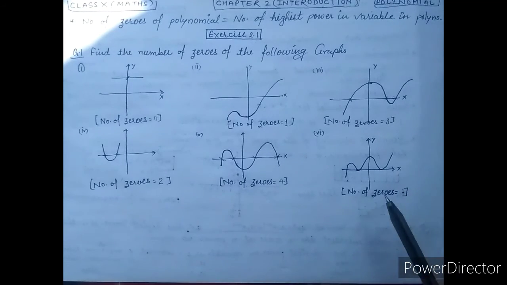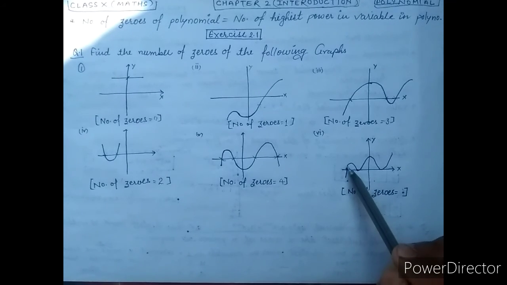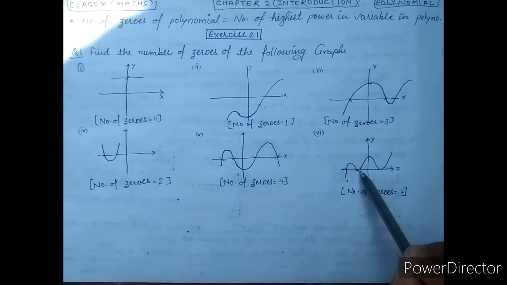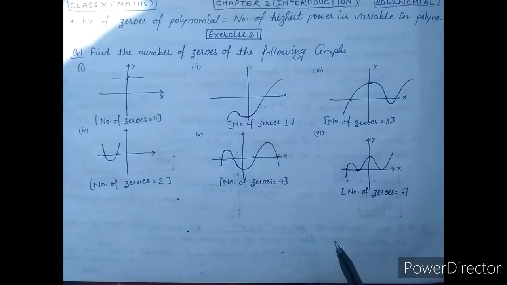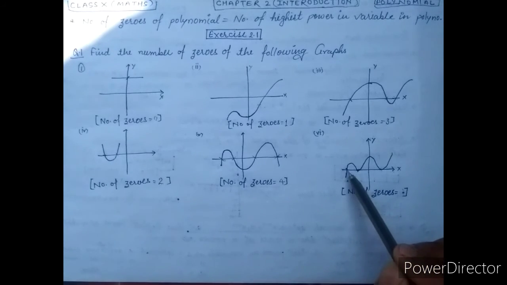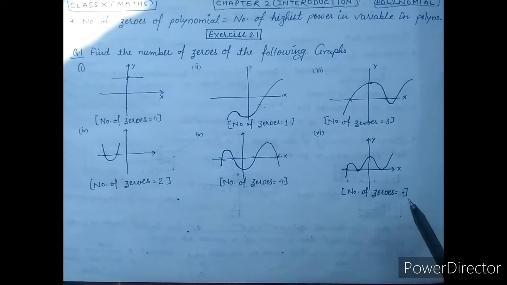Okay, and now next, the graph starts from here, it intersects the x-axis at this point and again touches at this point. So this means either it is intersecting or touching, both are same. So it is intersecting or touching at 1, 2, 3 places.